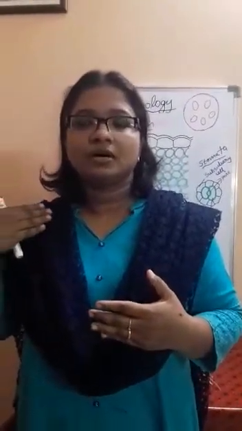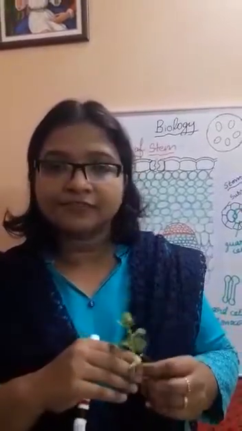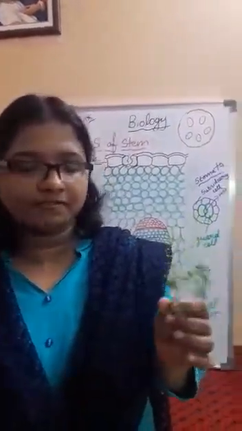Before going to the details of xylem and phloem, I just want you to understand some of the internal details of the plant. Now let us see the internal details of a plant, and this is the branch of a plant.